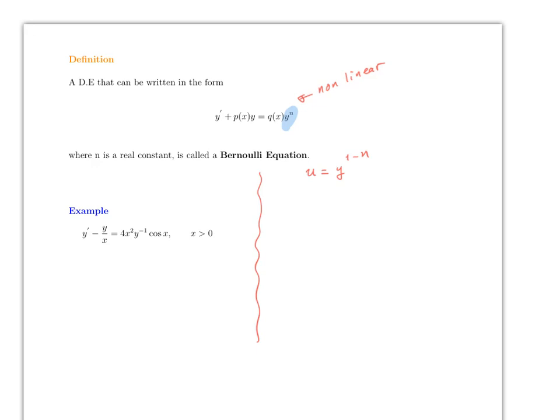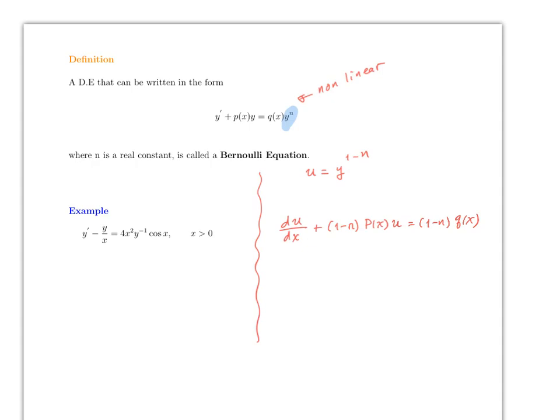Once you do this and you use the product rule, actually the chain rule, you will end up with something that looks like this: du/dx plus (1 − n) p(x), which is the same p from here, times u, and this will be equal to (1 − n) q(x).